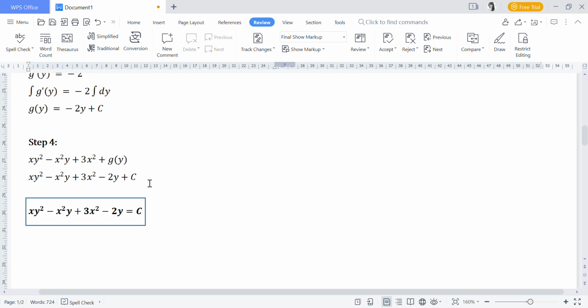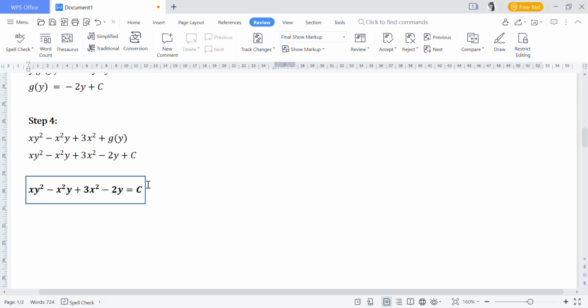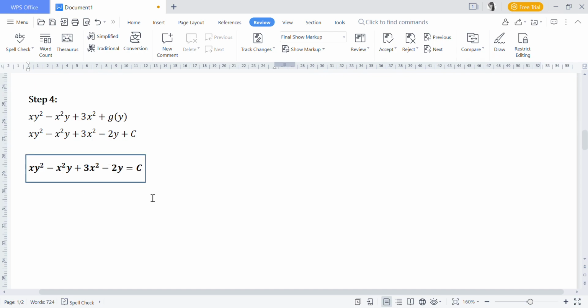But since we have this equation f is equal to c, we will now have this last equation: xy squared minus x squared y plus 3x squared minus 2y is equal to c. So there you have it, guys. This is our final answer.